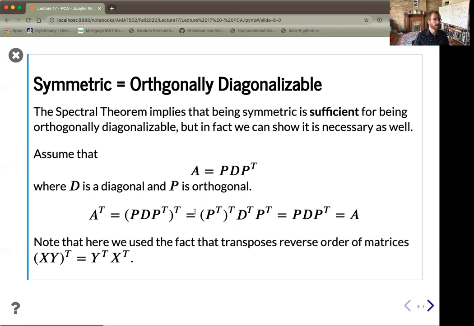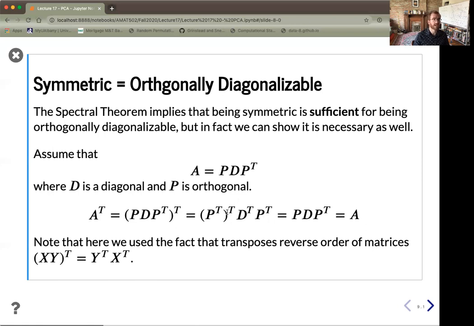Doing that here, if I think of P transpose as Y, and P times D as X, then first I have to switch Y and X. So there's P transpose, and then the transpose of X, which also flips.